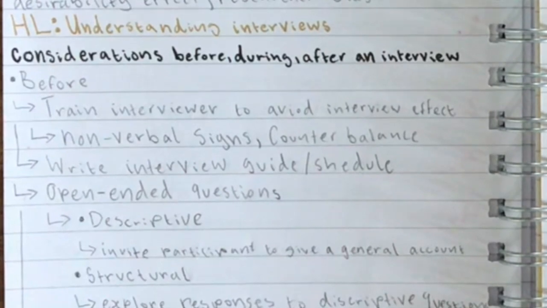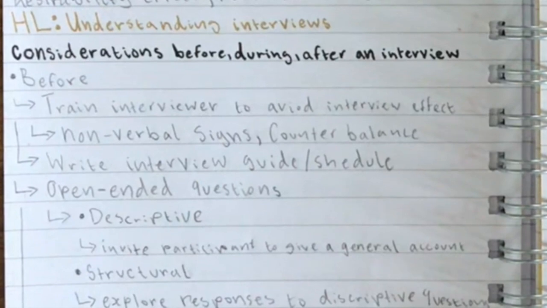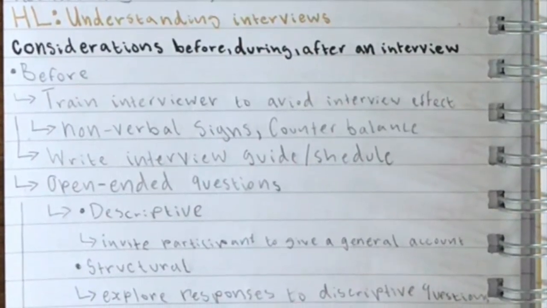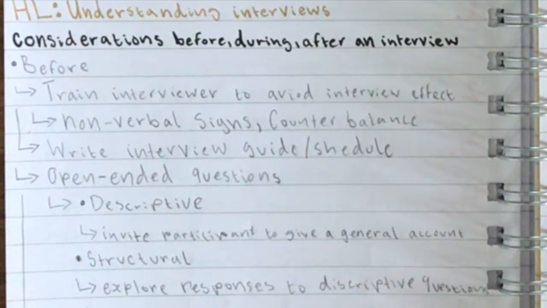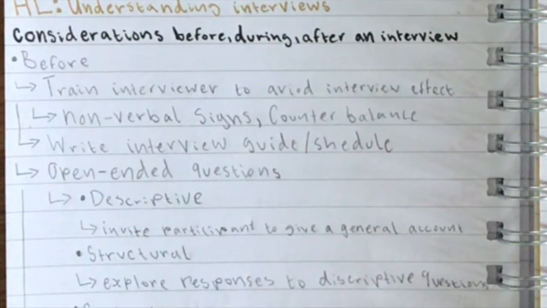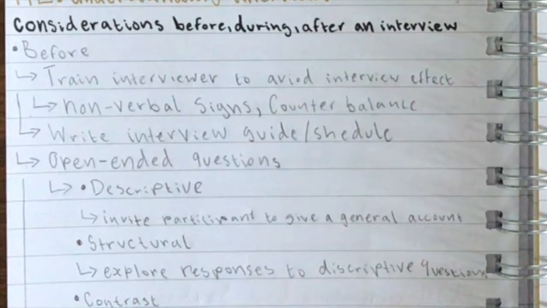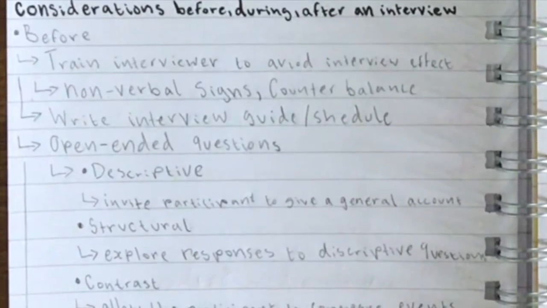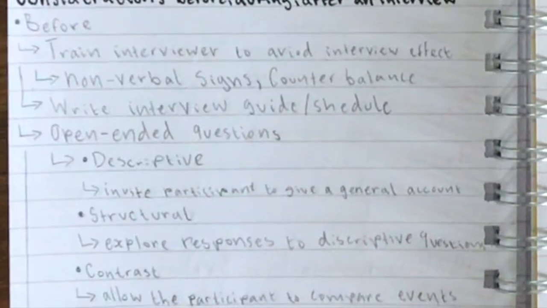Now, the last higher level part we will be going through is understanding interviews. First, we're going to talk about considerations before, during, and after an interview. So before an interview has started, you have to prepare by training the interviewer to avoid interviewer effect. This could be training an interviewer not to react to responses in a way that would signal to the participant that they are being judged, because this obviously might not make you want to answer in the most honest way.